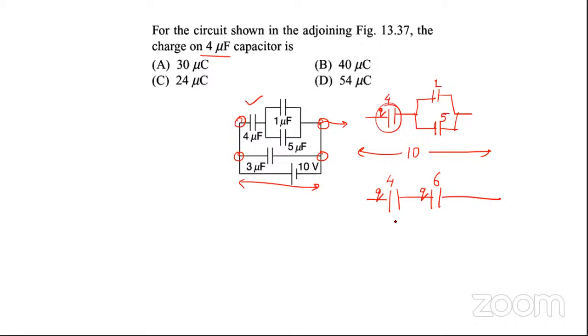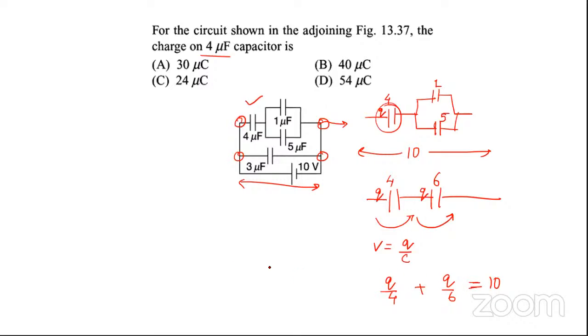We know that the potential drops successively after each one. So we can say V equals Q by C, right? For each of them, it will become Q by 4 and Q by 6. And if we add up both of them, they should equal 10. We have equated the voltages.